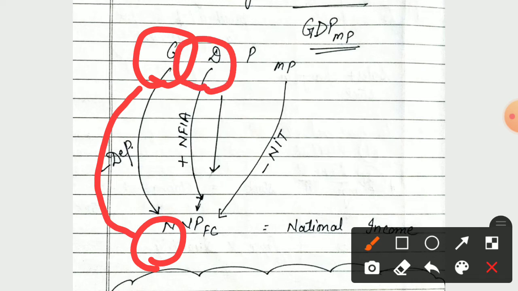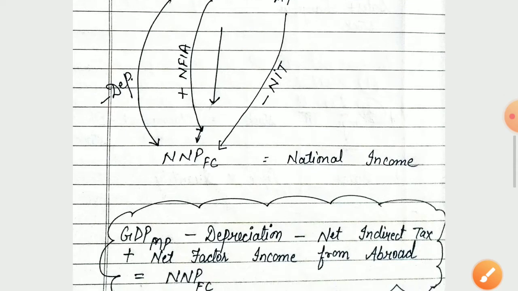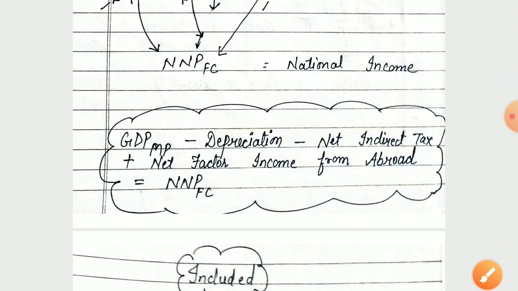Domestic is smaller than national, so we will add NFIA. And MP is greater, FC is smaller, so we will deduct NIT. GDP minus depreciation minus net indirect tax plus NFIA is equal to NNP at FC. That is your national income.